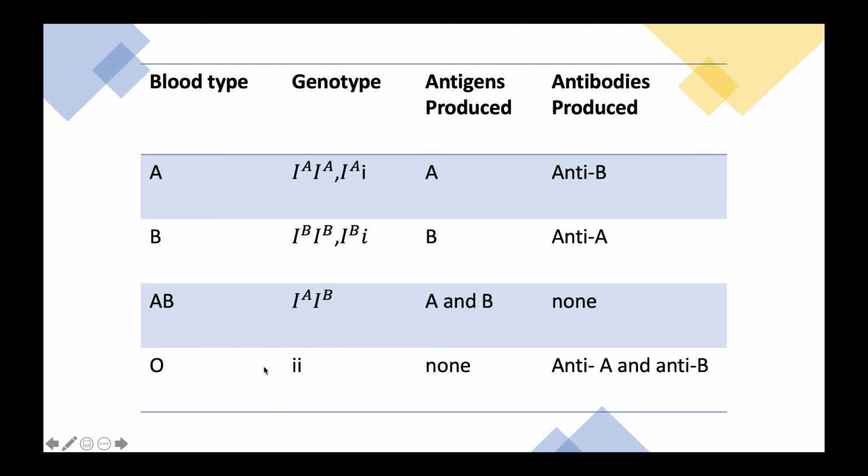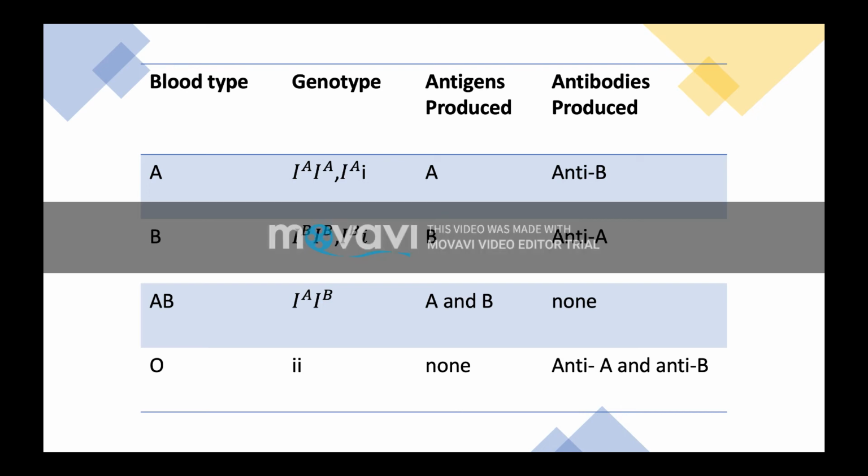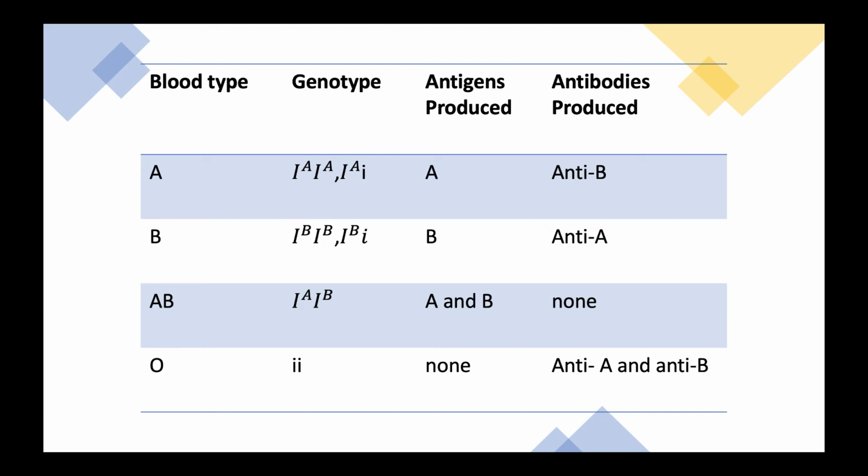People with type O do not express either variant of these proteins and have a homozygous recessive genotype. The naming system for blood types is based on the presence or absence of these protein variants. The four blood types are A, B, AB, and O.